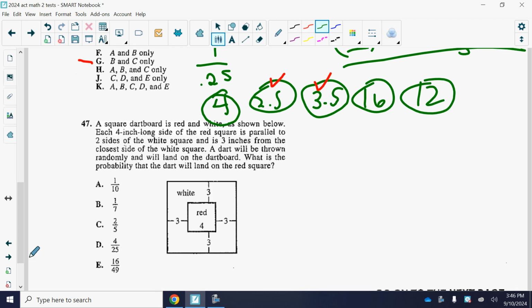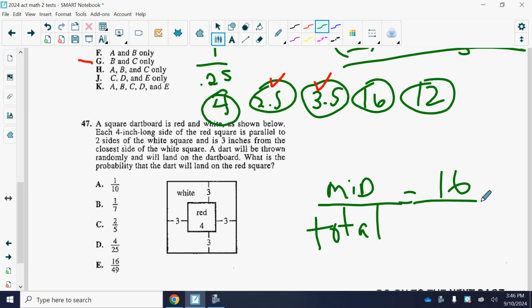What the heck is this? Oh, this is probability. So the probability that it will land in the middle is the size of the middle over the total. Now the middle's easy. It's a square, 4 by 4.